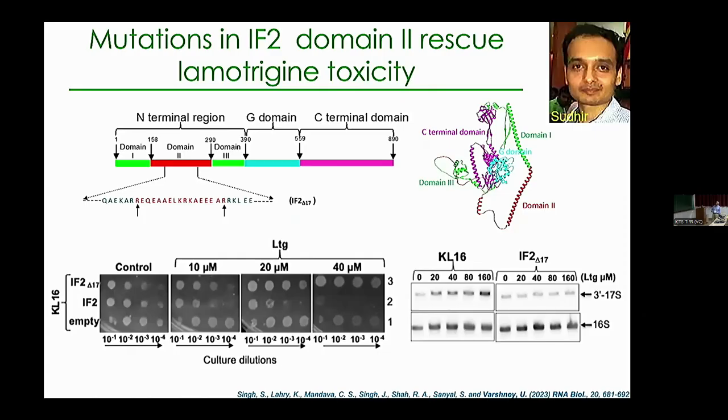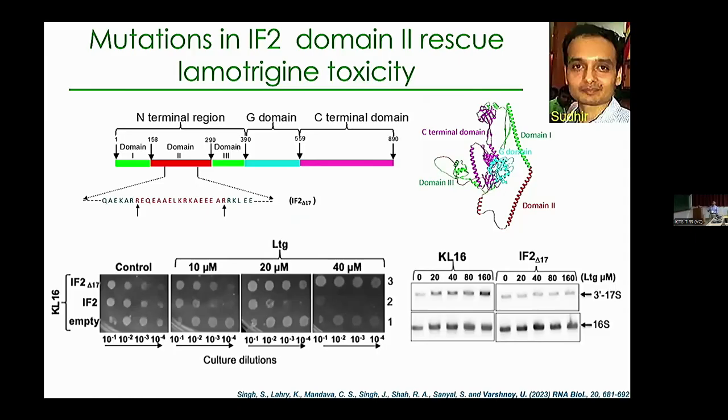If you take an E. coli strain that is growing, overexpression of IF2 is somewhat toxic, so you see a growth defect here. And when you add lamotrigine, IF2 is toxic, but if you take the construct which is deleted for 17 amino acids right there, this is now no longer toxic with lamotrigine.